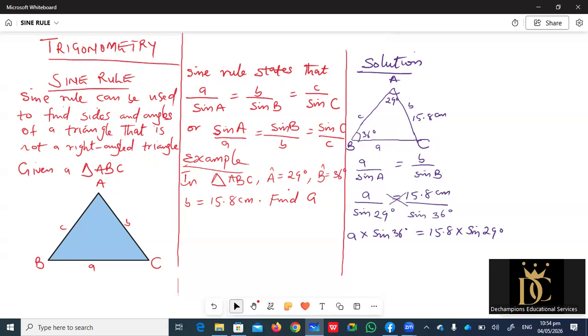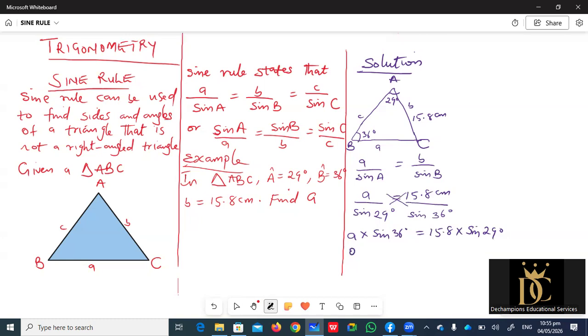Now using our calculator, sine 36 degrees gives us 0.58779.